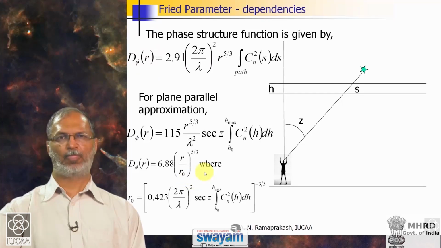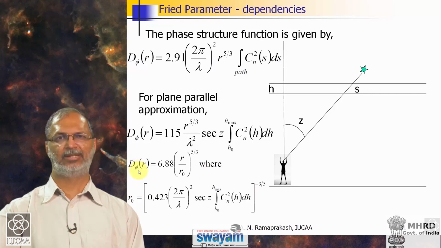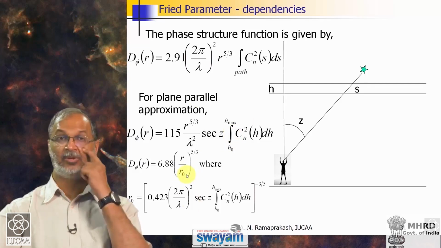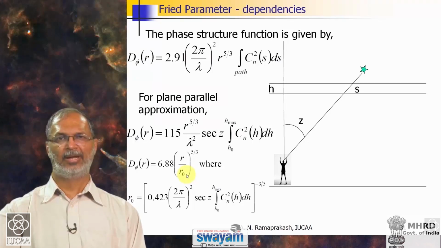Now, we can show that this part of the phase structure function can be absorbed into what is called the Fried parameter r0, which I defined earlier. r0 is defined in this context as the radius of the aperture within which the phase structure function is 1 radian squared.